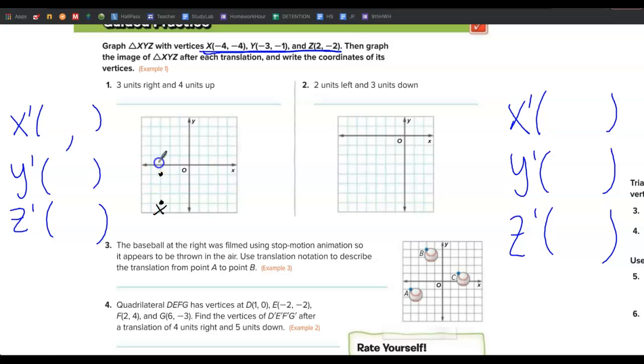And she labeled that Y. And 2, -2. Oops. And she labeled that Z. Then she connected her dots to make a triangle. And now from each point she went 3 units right and 4 units up.